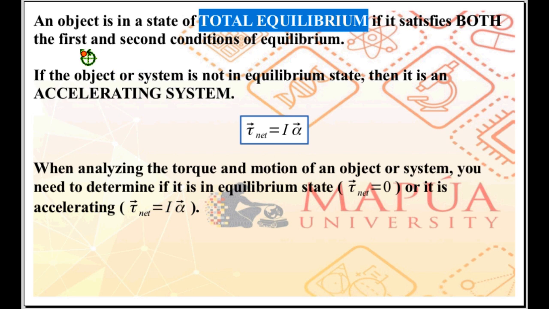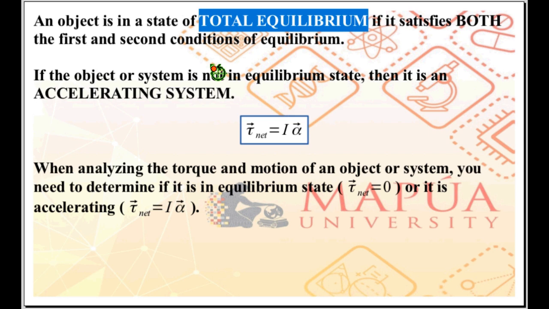And the second condition of equilibrium is torque net equal to 0. For a system or object to be in a state of total equilibrium, F net must be equal to 0 and torque net must be equal to 0.